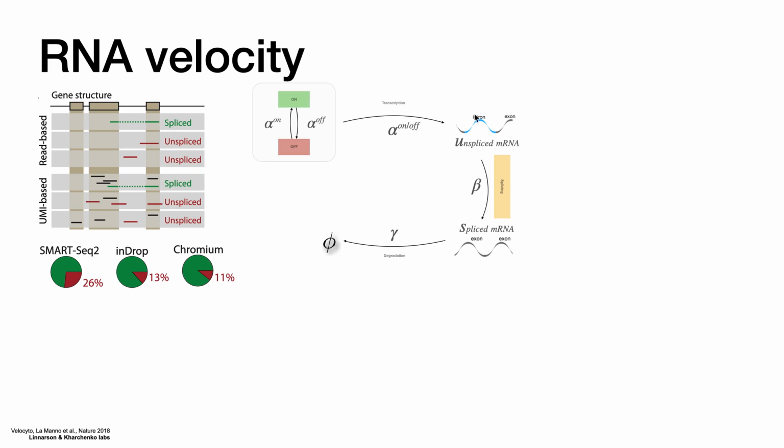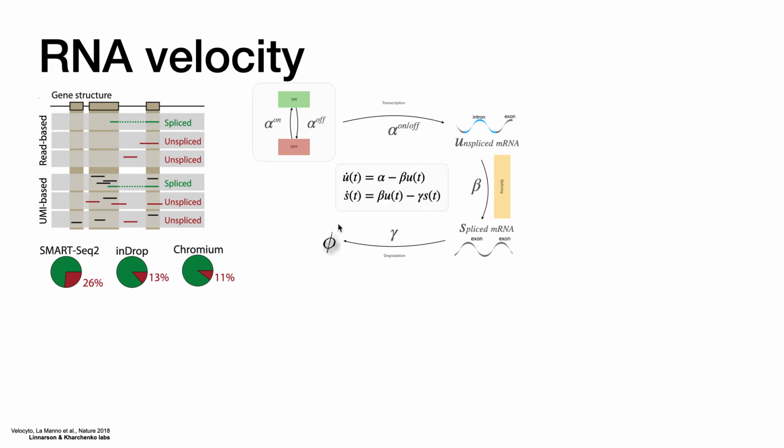This unspliced immature mRNA undergoes splicing and other processing steps to make a spliced RNA where all the exons are concatenated together. This spliced RNA is then finally transported to the cytoplasm towards the ribosomes to produce proteins. At the end of an mRNA lifetime, it's degraded with this rate gamma.